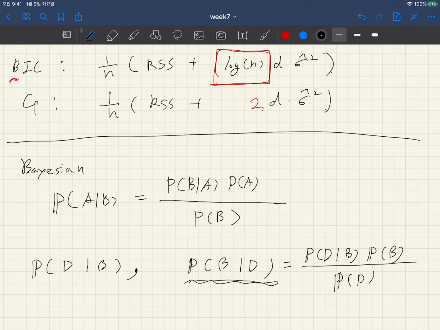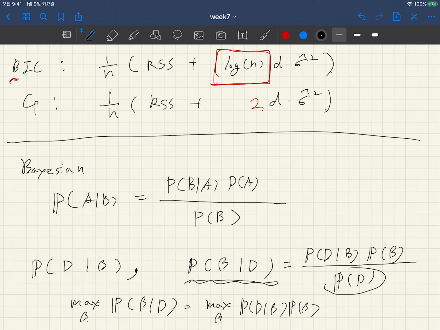Since we are interested in the max beta that maximizes this conditional distribution for your given data D, this is equal to max beta of probability of D given beta times probability of beta. Why?